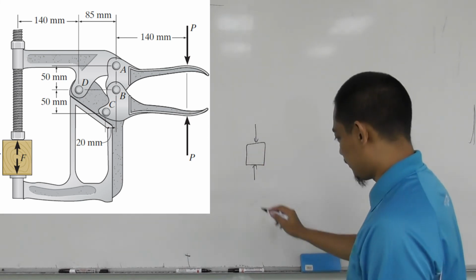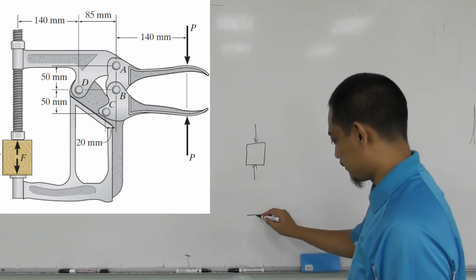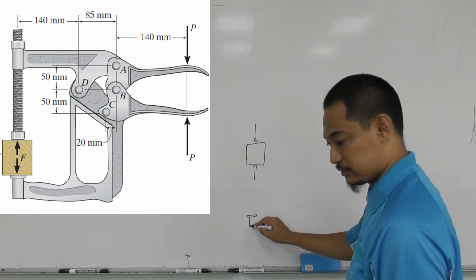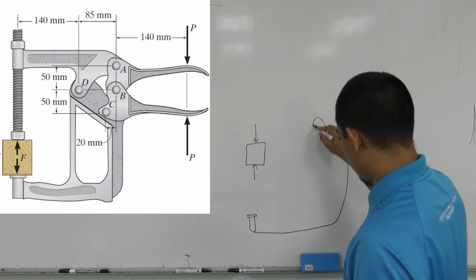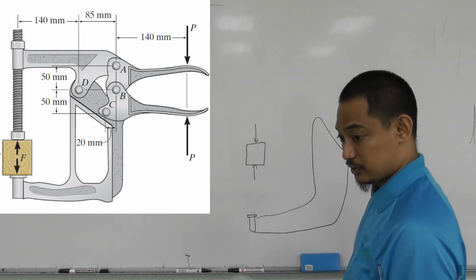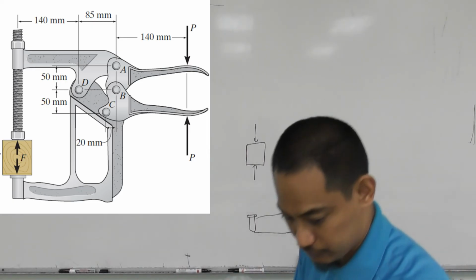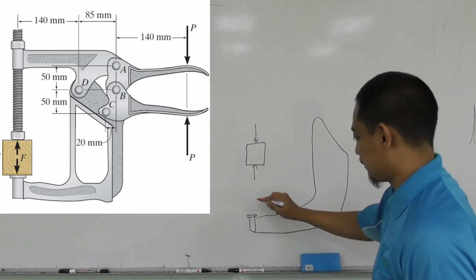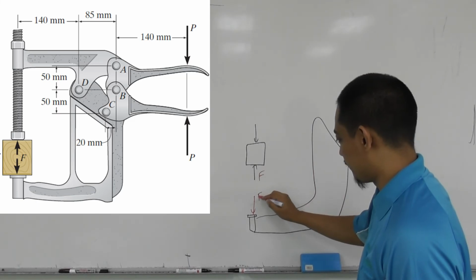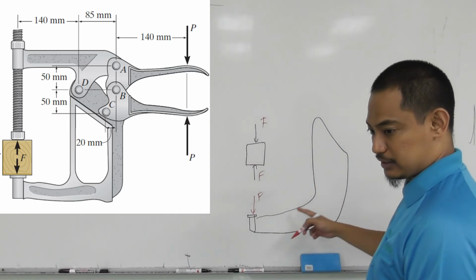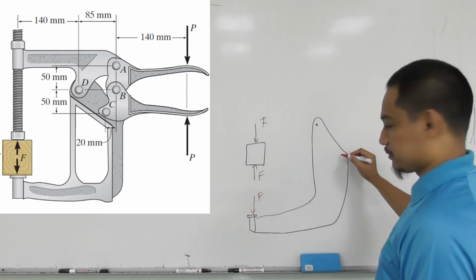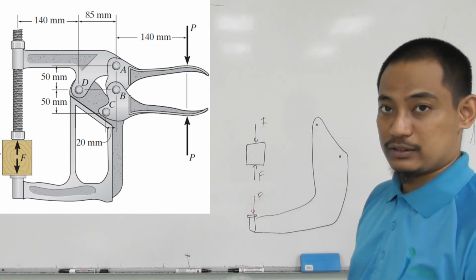Hence, if you have this whole thing, something like this, then you have the force. Okay, I'll draw the force in different colors. So obviously you have force F here. This is all F because the question will give you F there. The rest is just at point D and C is pin support.